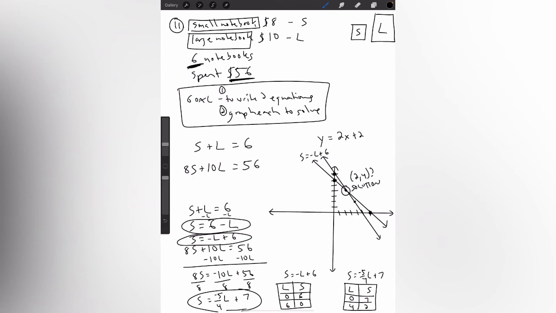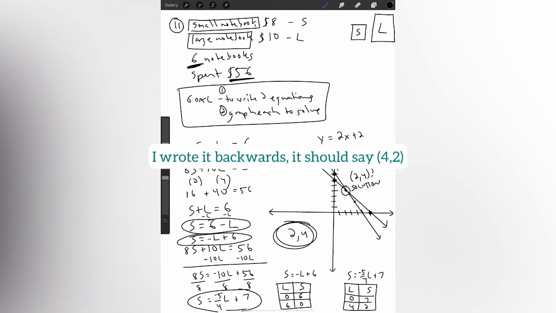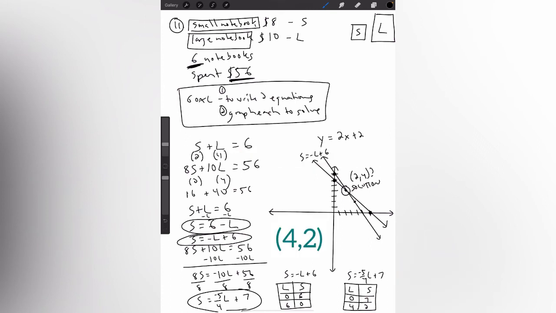So if I go to substitute into these original equations, 2 times 8 is 16. And 10 times 4 is 40. 16 plus 40 equals 56, right? So that is 2, 4. So 2, 4 is my solution, right? Crazy enough, it looks like 2, 4 was the right one.